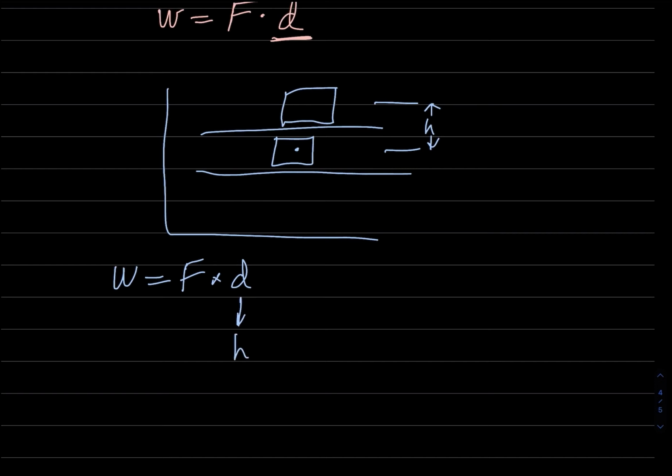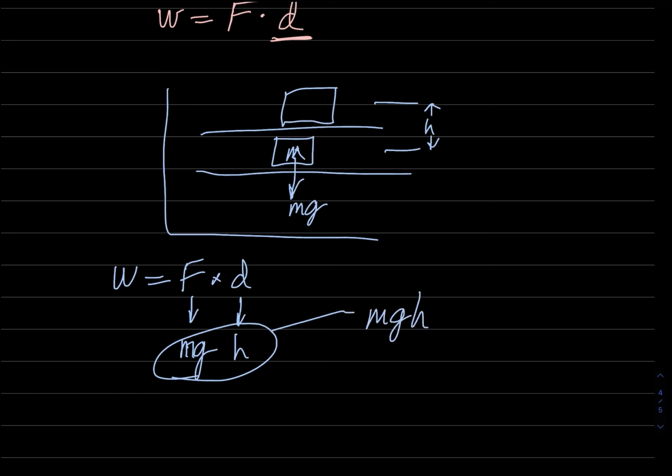What was the force? Well, the box has a certain mass, m. The force was mg. The force was the weight of the box, the gravitational force that he has to overcome to start the box moving. So the work that he did turns out to be mgh. Aha! Do you recognize that from somewhere?